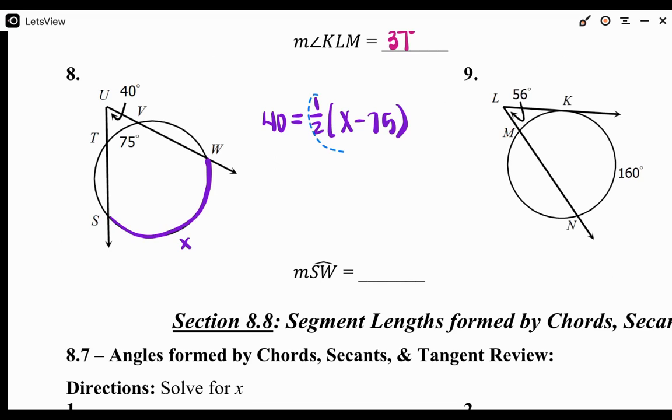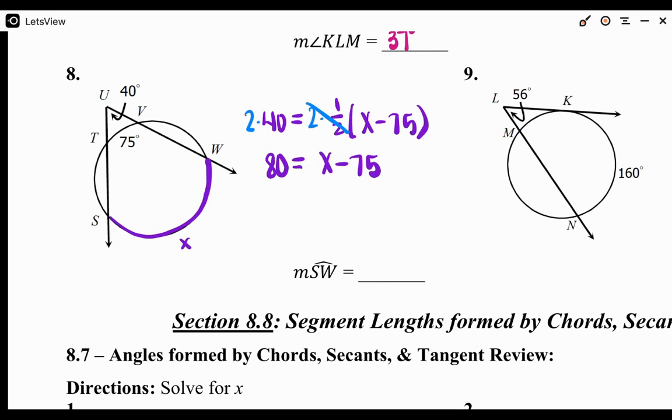To get rid of our 1/2, we can do the opposite. Instead of dividing by 2, we can multiply both sides by 2. The 1/2 and the 2 will cancel each other out. So we are left with 80 equal to X minus 75. Add 75 to both sides. And we get X is equal to 155. So our arc measure for SW is 155 degrees.